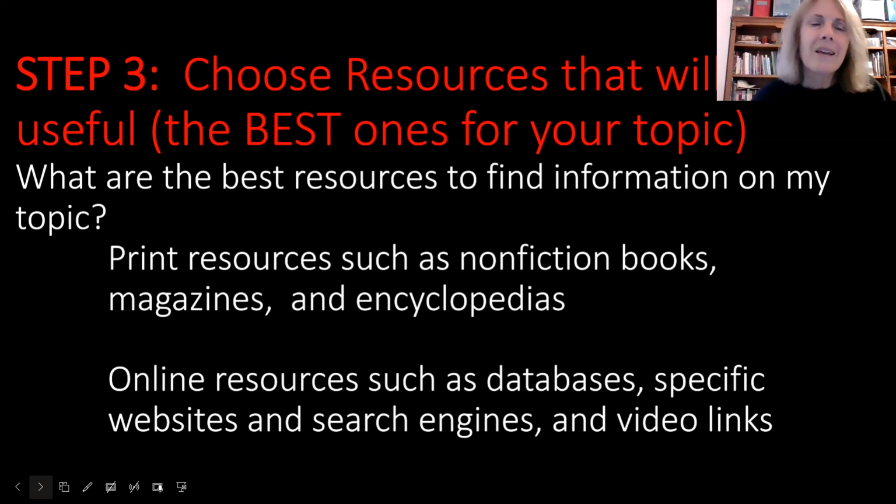I know that you might be thinking, well, how am I going to get a book if there's a book that I'm interested in? I'm not going to have you reserve them today, but on your activity, you need to try to find at least two print resources, the title of the print resource, and the call number.